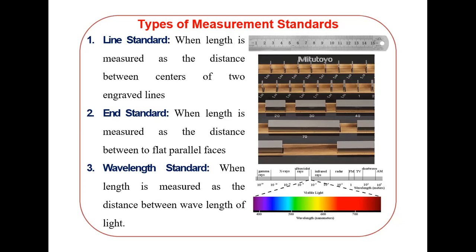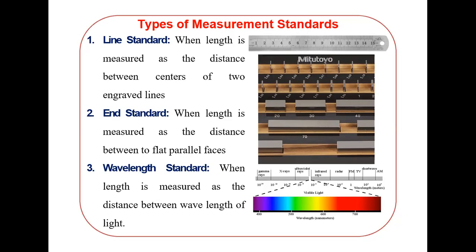Next, you can see the slip gauges also. The picture below is about the slip gauges. These are slip gauges of definite length, that is 20, 30, 40, 70. So these are the different standards, that is, the length between two definite centers or engraved lines.